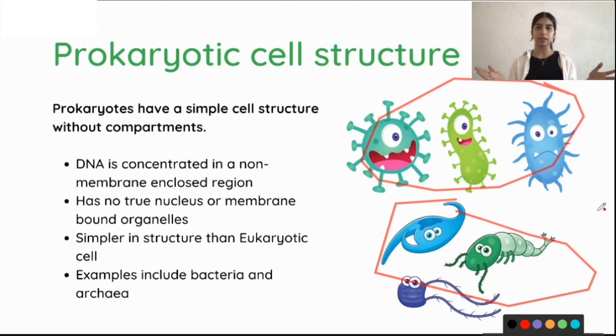Some characteristics of these cells are that DNA is concentrated in a non-membrane enclosed region. These prokaryotic cells have no true nucleus or membrane-bound organelles. They are simpler in structure than eukaryotic cells, and you're going to notice that later on when we see the cell structure of the eukaryotes.